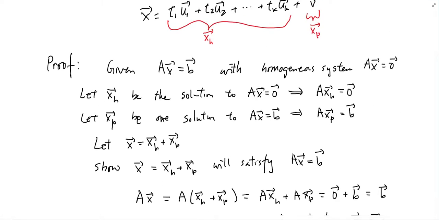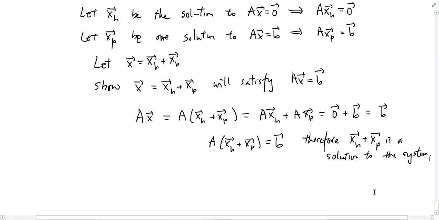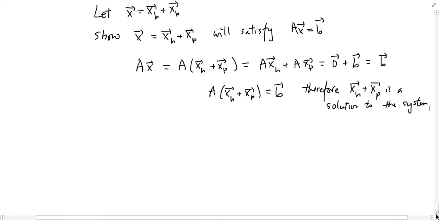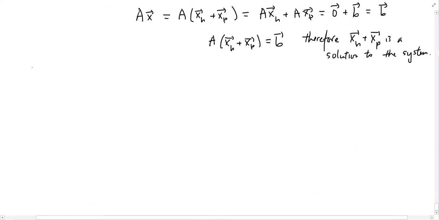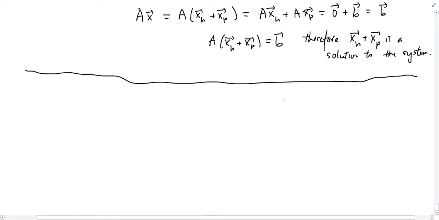Now what I want to do is show you how using this theorem works. So I'll show you a very simple example. Let's say given a simple system like this one: x minus 2y plus z equal to 2 and 2x plus y minus 3z equal to negative 1.